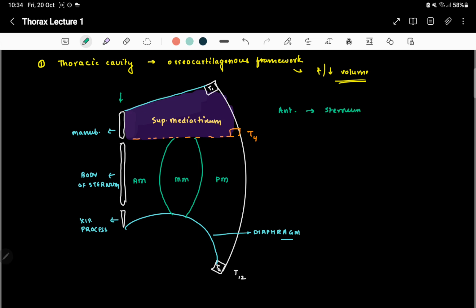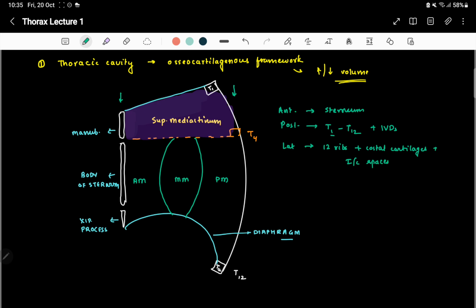Your lateral boundary is formed by your 12 ribs, T1 to T12 ribs, with their costal cartilages and their intercostal spaces also. Then this is the posterior boundary, the vertebral column, and the lateral boundary must be bound by the ribs here like this.